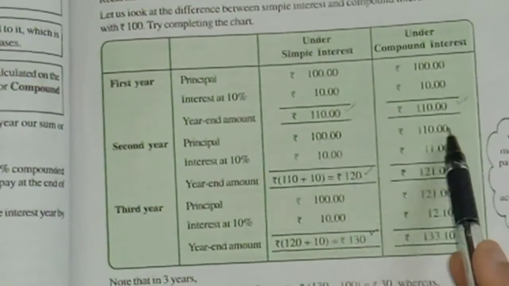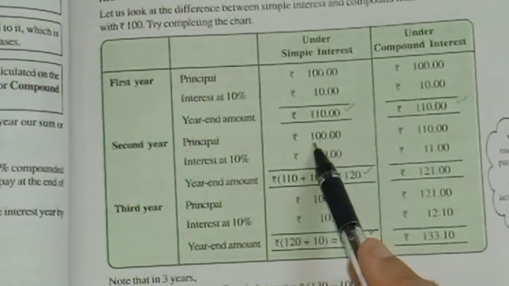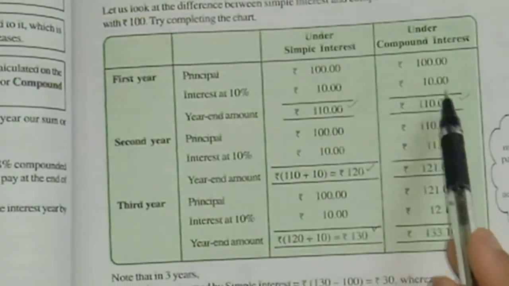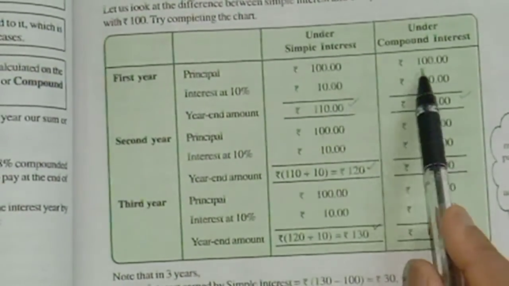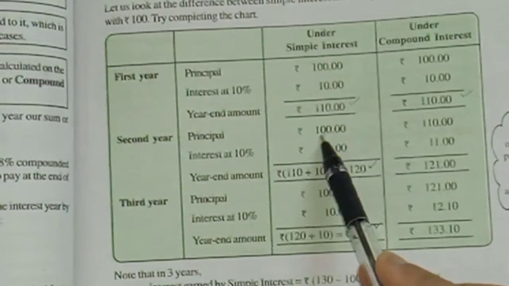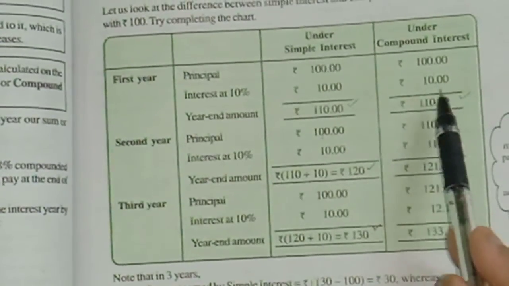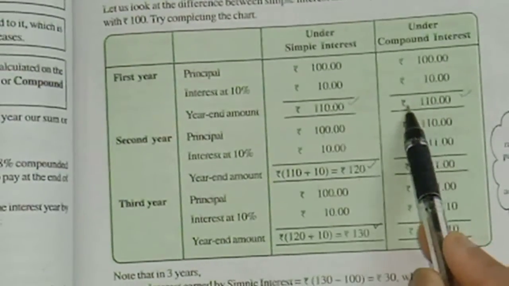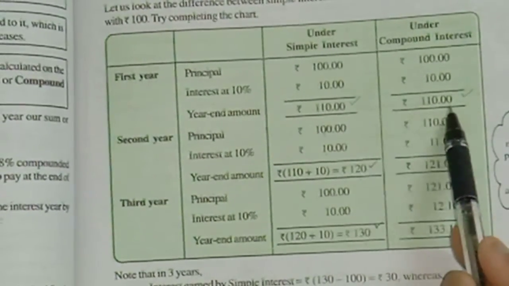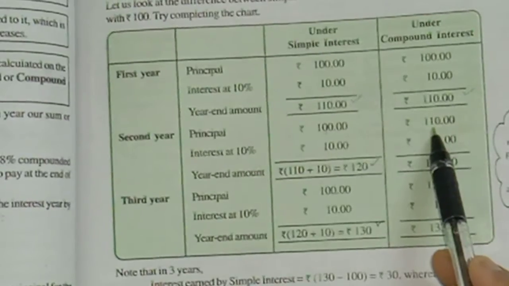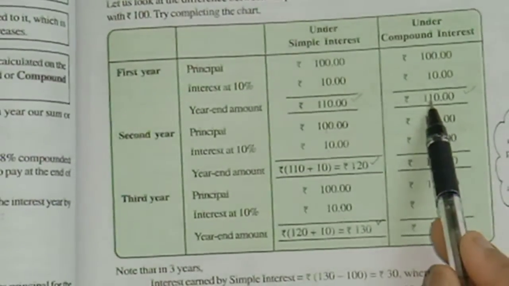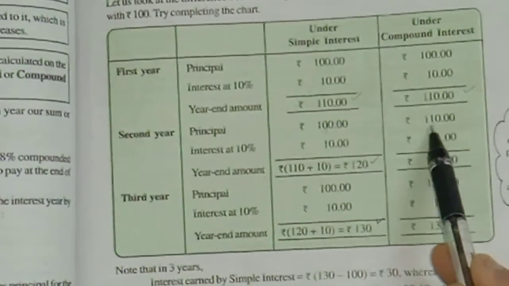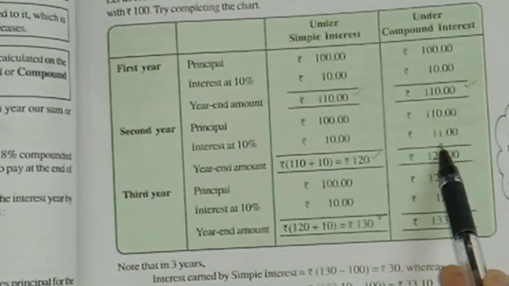But in the second year, compare compound interest. Under compound interest, see the difference in principal. Instead of 100, when we are doing fixed deposit, the amount of the first year will be used as the principal. That means 110 is the principal here, and 10% of 110 is 11.